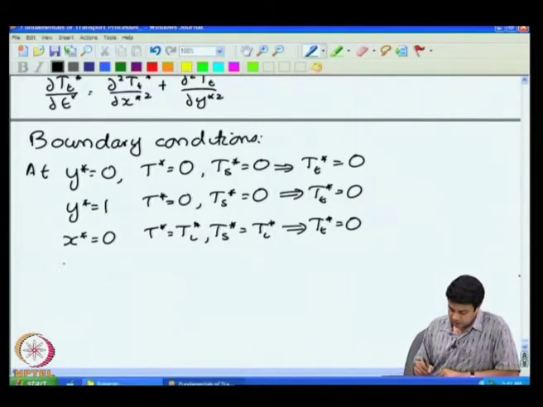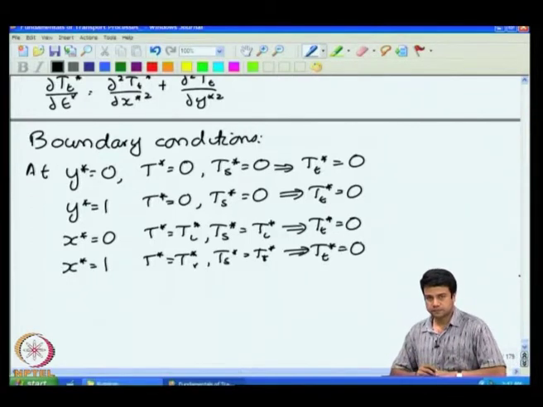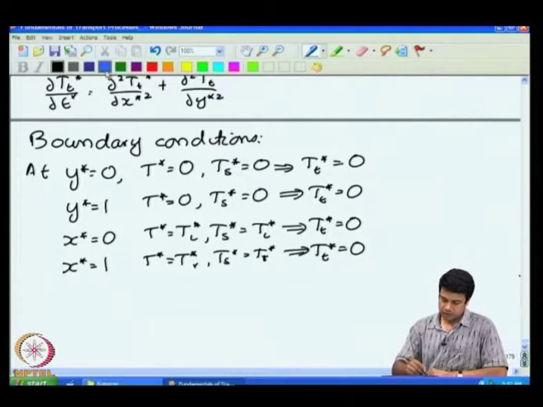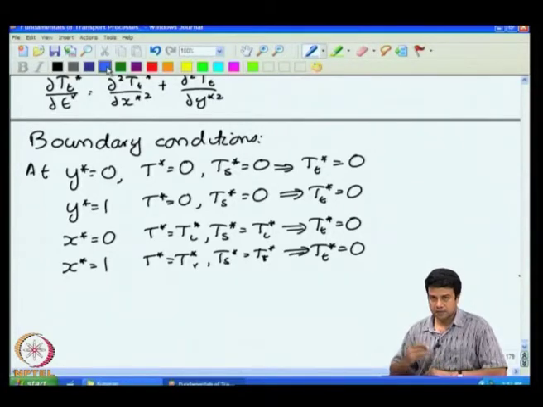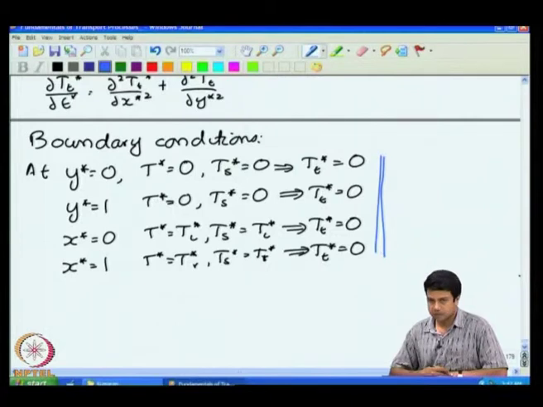Similarly, on the right side, the temperature and the steady part are also equal to the temperature on the right hand side, which implied that the transient part is equal to 0. So, for the transient part alone, in both the spatial coordinates, I am getting homogeneous boundary conditions.